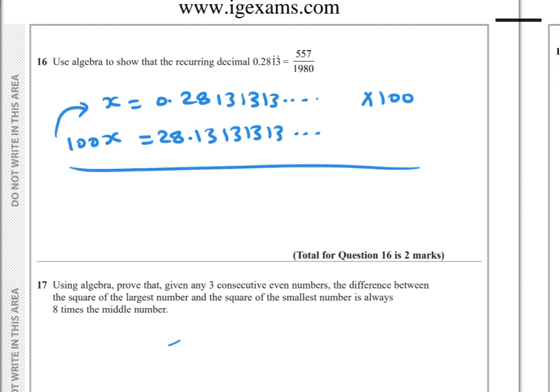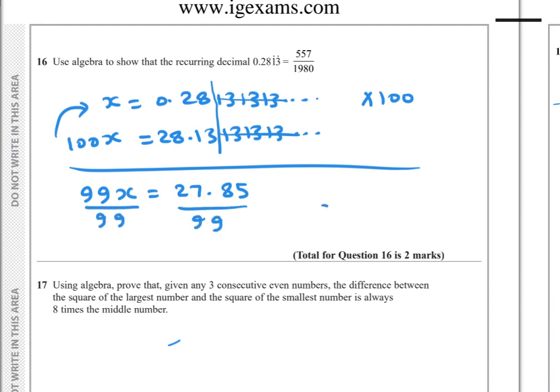Then subtract. So 99x equals 28.13, because all that will cancel. So 28.13 minus 0.2 equals 27.85. Divide by 99. So x equals 557 over 1980 in the simplest form.